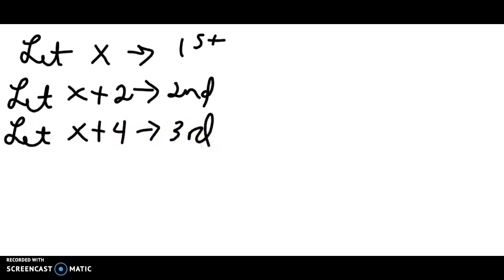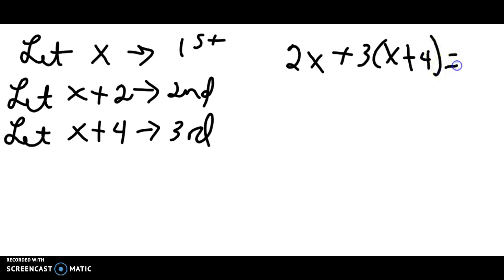Now I'm going to go back and read to see what they want me to do. It says such that the sum of twice the smallest, and 3 times the largest, is equal to 42.